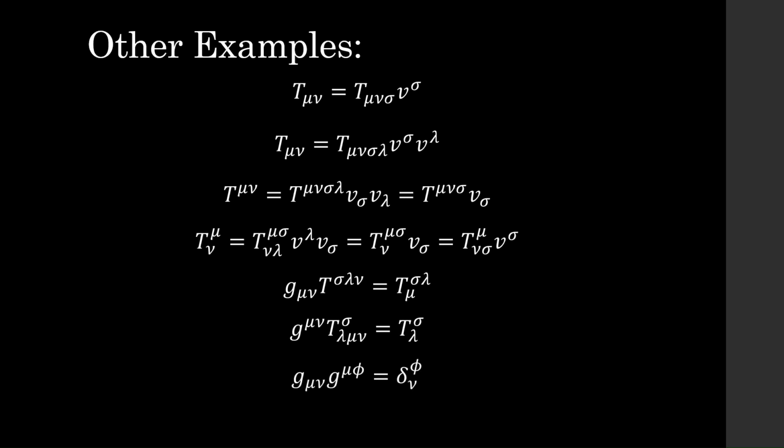What happens when we have a metric tensor acting on another inverse metric tensor? So if we have G mu nu acting on G upper mu phi, that gives the Kronecker delta function in terms of phi and nu. So then what happens when we have G mu nu acting on G upper mu nu? Well, all we get is the trace of the identity matrix.